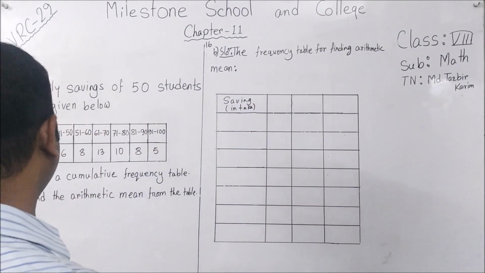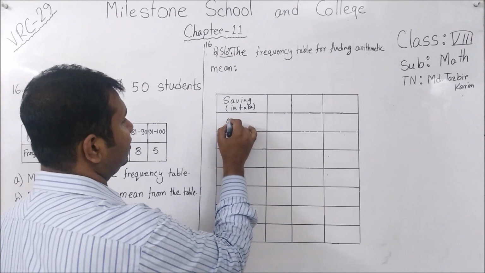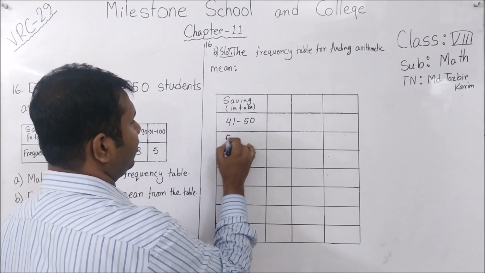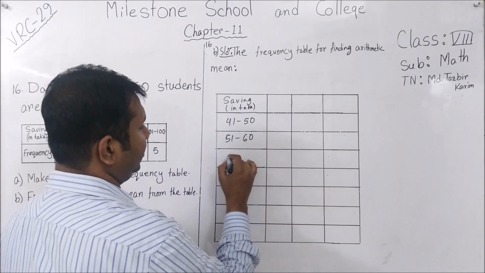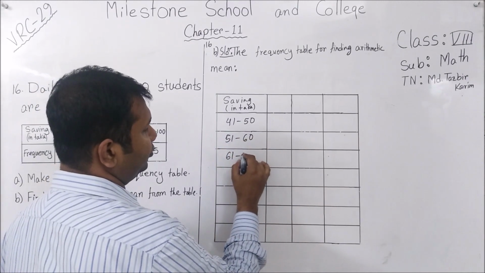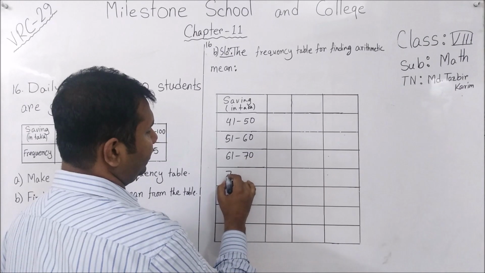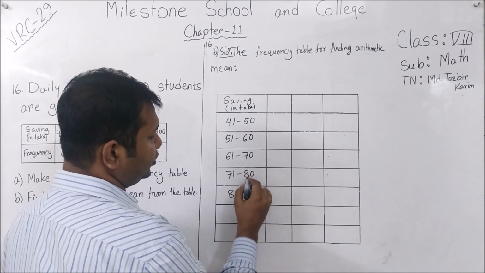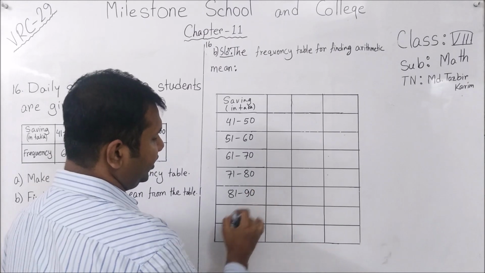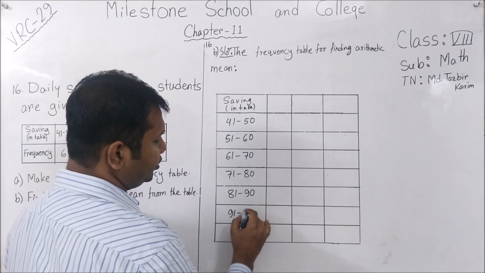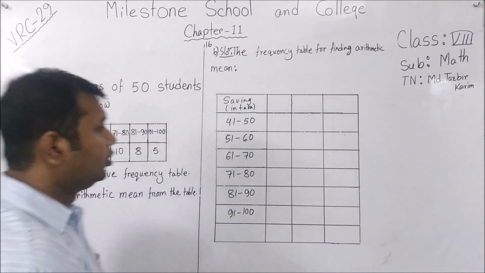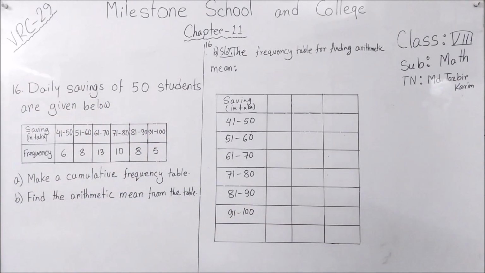Okay, so the classes given are 41 to 50, then 51 to 60, 61 to 70, 71 to 80, 81 to 90, 91 to 100. So these are the savings money.